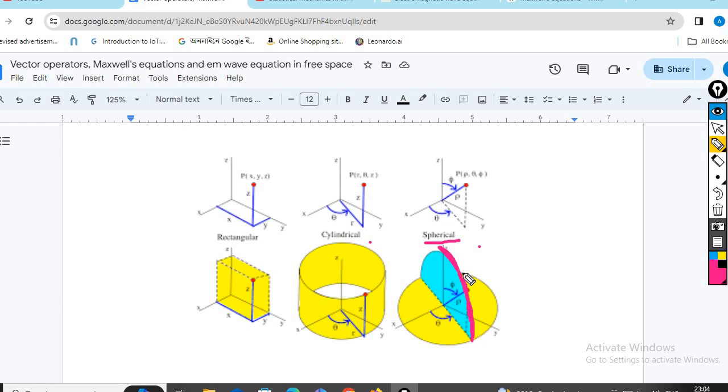So the third axis is now represented by another angle with respect to z. In the spherical coordinate system, the coordinates are r, theta and phi. In some cases, instead of r they represent it by rho, but the concept of r and rho is similar. Here also sometimes they represent it by r, theta and z.